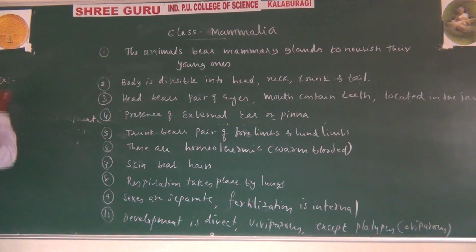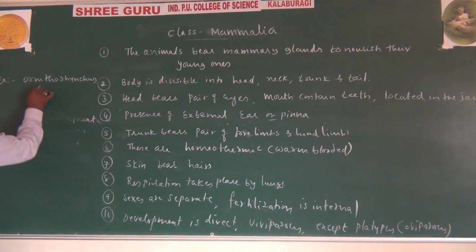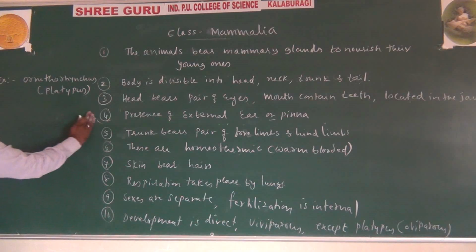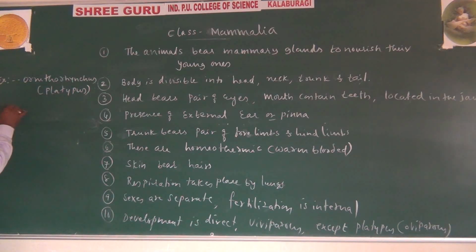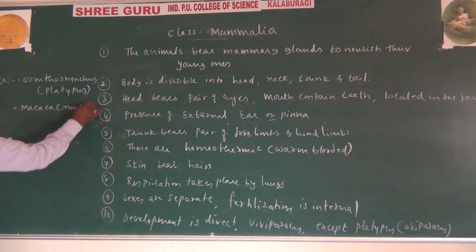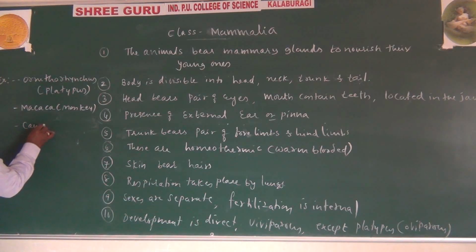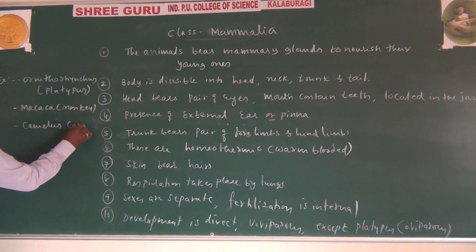So now examples. You can see Ornithorhynchus, that is platypus. So this is what we have observed about the oviparous. Macaca, monkey. Camelus, camel.